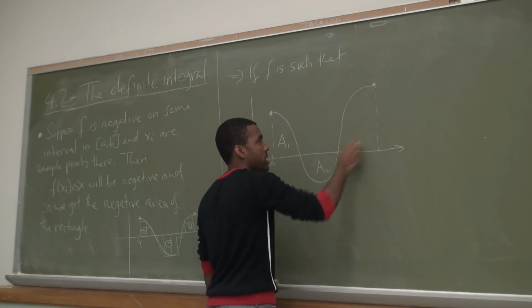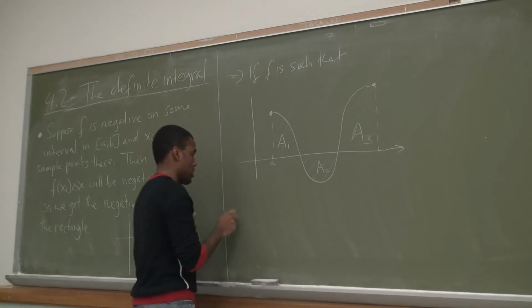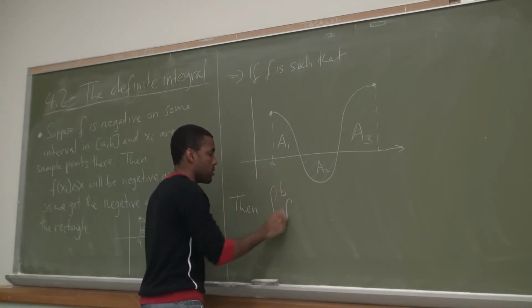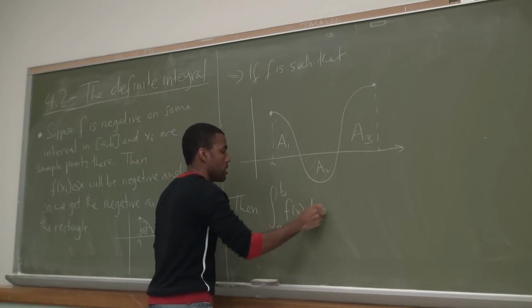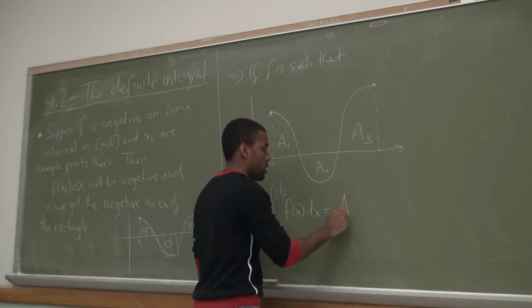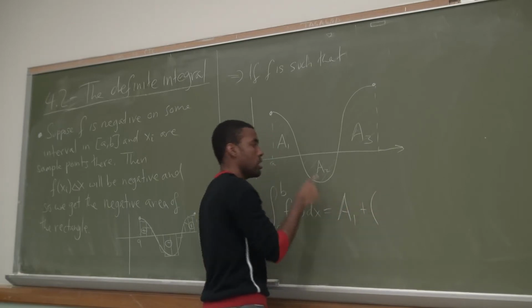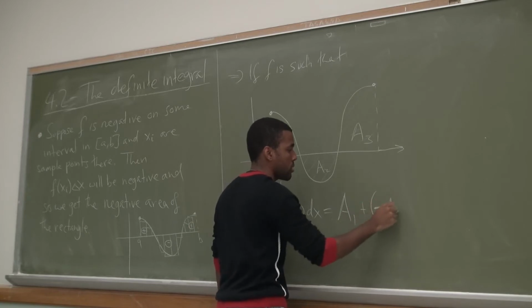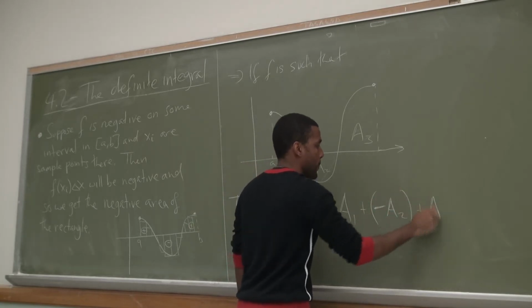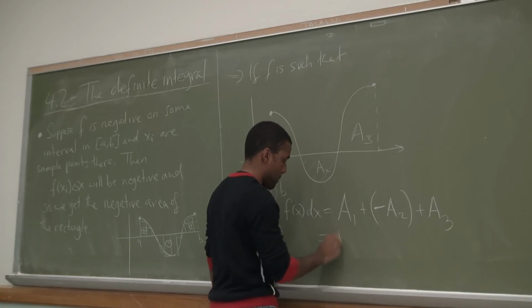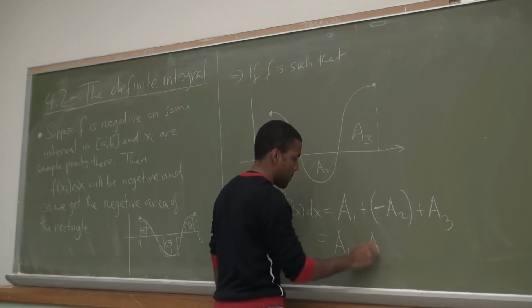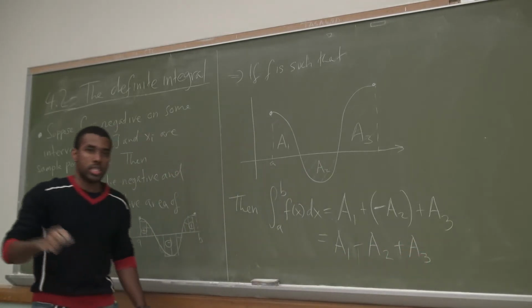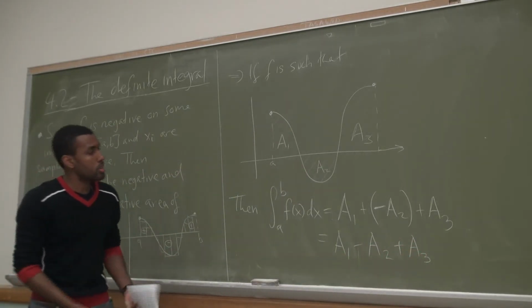This, I knew it had area A3. Then the antiderivative is just going to be A1 plus A2. According to our formula, we'd actually get the negative of the area here. So wherever your function is negative, you get negative area, right?